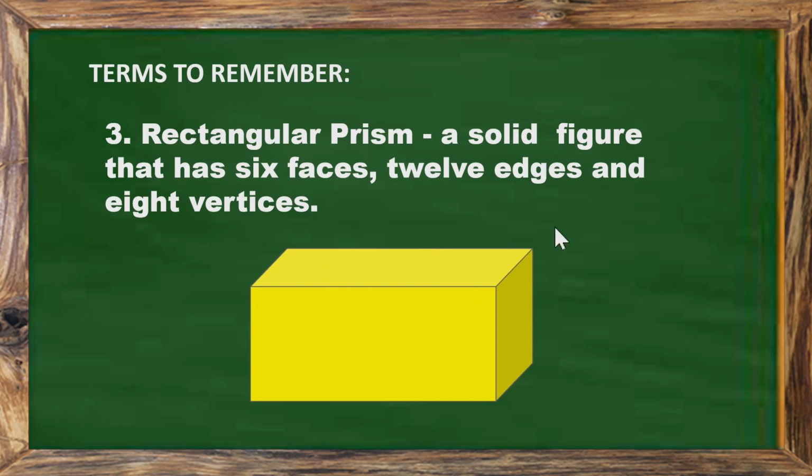So, 1, 2, 3, 4 sa top, another 4 sa bottom. So, 4 plus 4 is 8. Bilangin natin yung nakatayo. 8, 9, 10, 11, 12 yung nasa likod. So, 12 edges. 8 vertices. 1, 2, 3, 4 sa top, another 4 sa bottom is 4 plus 4 is 8. So, that is rectangular prism.